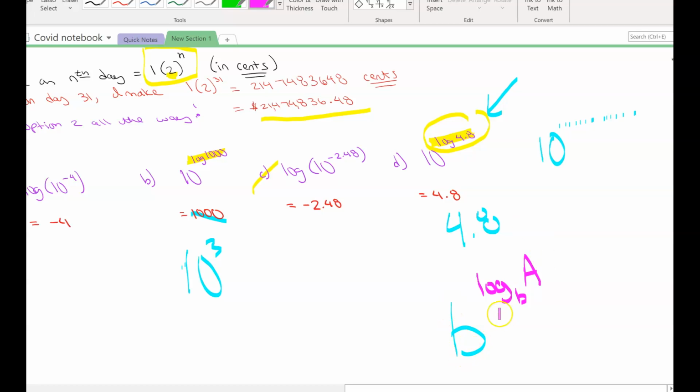If you have B raised to the power of log base B of A, at the end of the day, what does it simplify to? It simplifies to just A. All right. Second video is going to come up, and that's going to be the lesson for today.